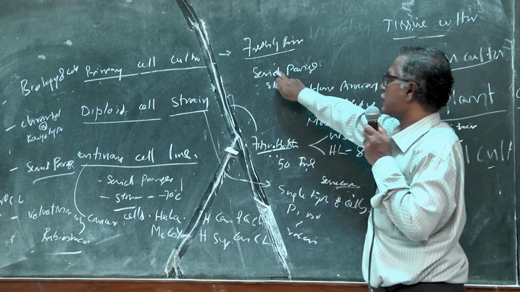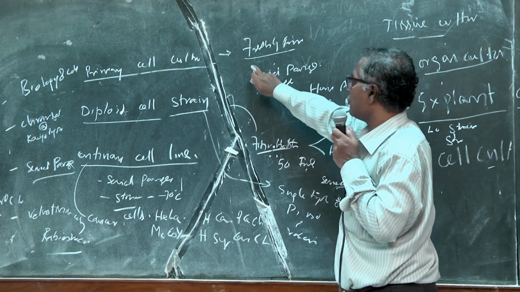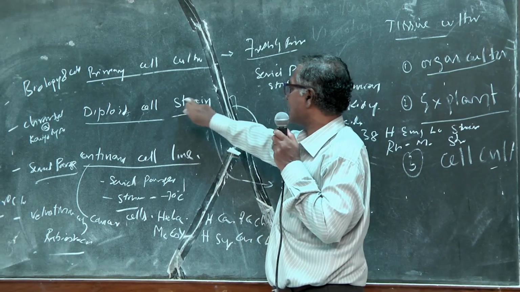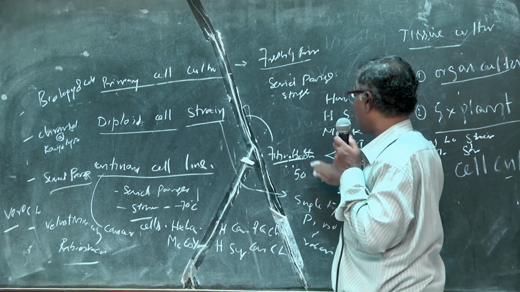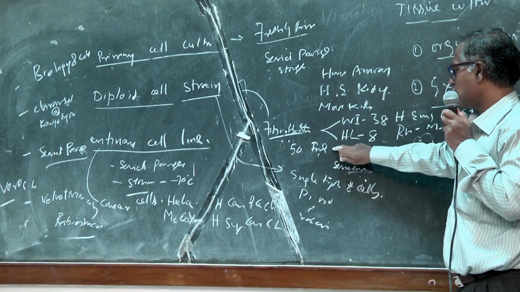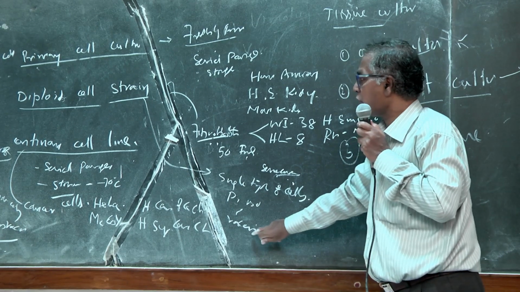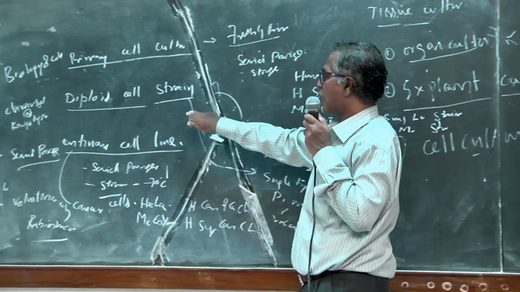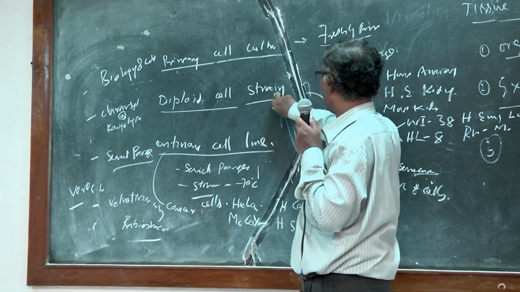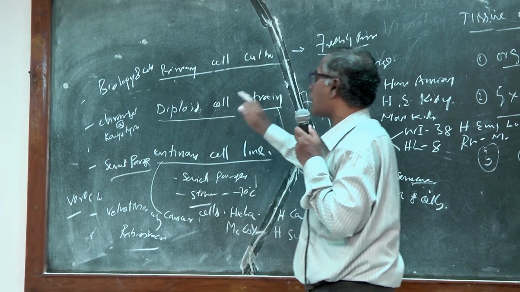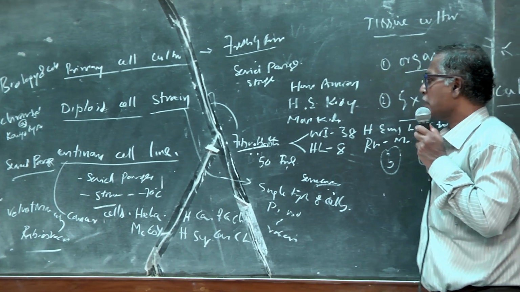Here serial passage is not possible. It is only for primary isolation and for vaccine production. Next comes the diploid cell strain. Here it is usually from the fibroblast, allows 50 serial passages, and is also for primary isolation and vaccine production. Here, as long as growth is there, diploid cell chromosomes and karyotyping are not disturbed at all. Then comes the continuous cell line.